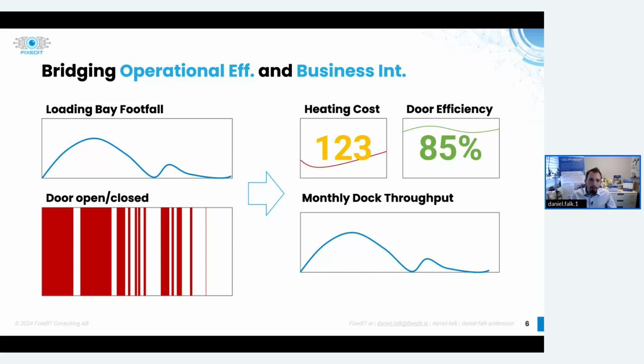And we also need to consider that the same data can be visualized in very different ways depending on what the goal with the dashboard is. So we might, for example, use the same sensors to produce both an operational efficiency dashboard and a business intelligence dashboard. So on the left side here, we can consider a door again that should be closed when not in use, and we can visualize the footfall through the door, and we can visualize if the door is open or closed.